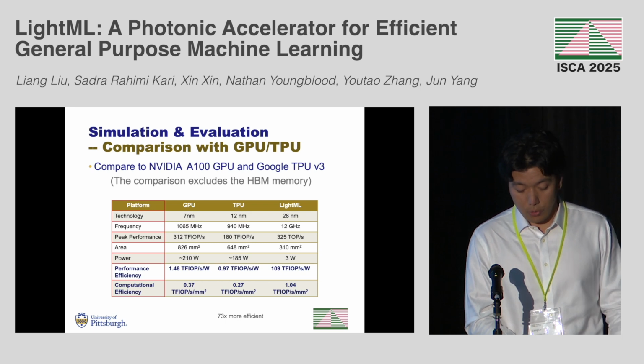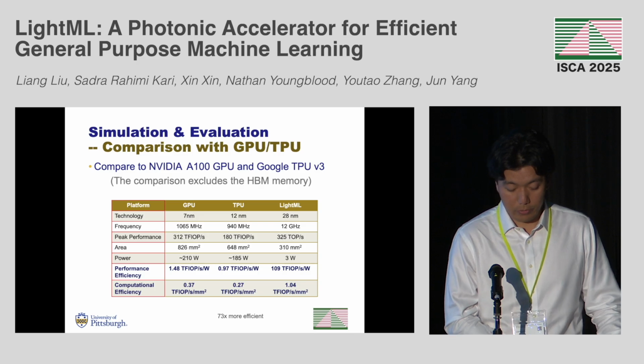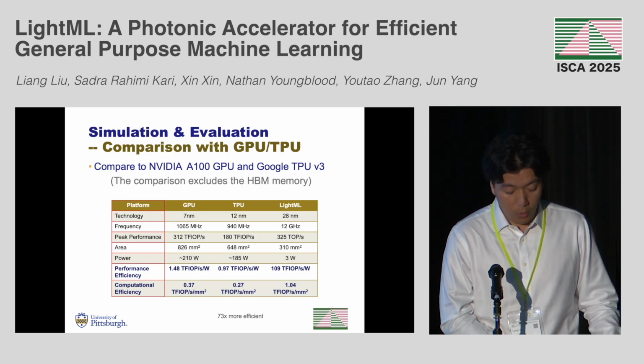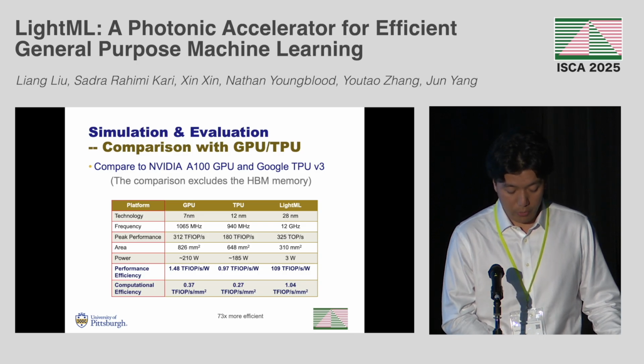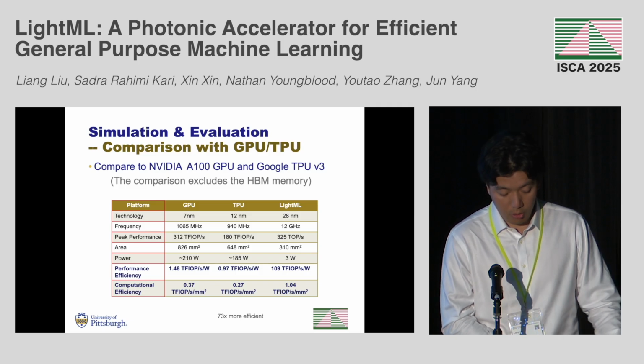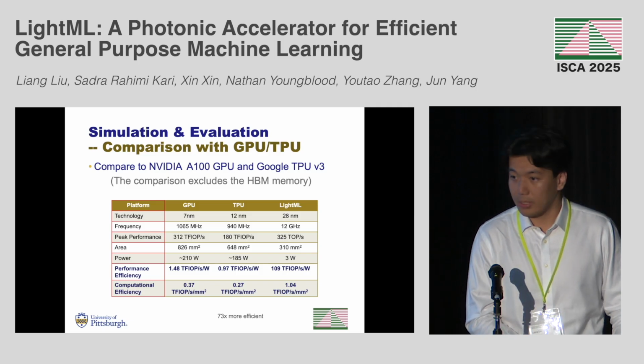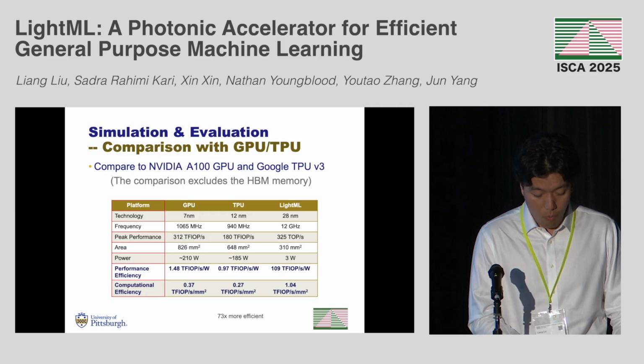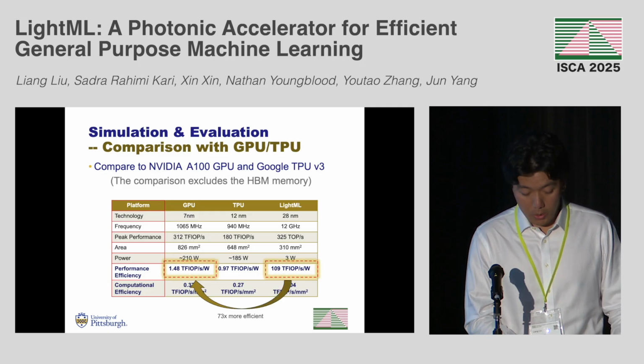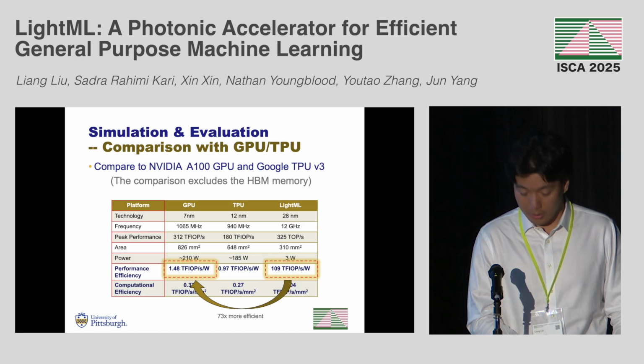Due to this ultra-low power consumption, our device can scale the frequency up to 12 gigahertz, which makes the peak performance reach about 325 TOPS, and which can rival the NVIDIA A100 GPU. When we compare the power efficiency, our device is 73 times more efficient than the NVIDIA A100 GPU.